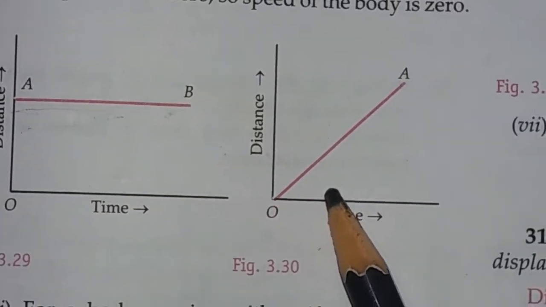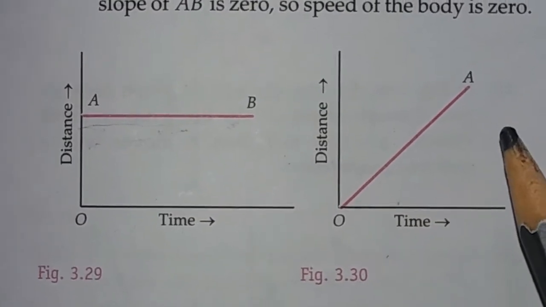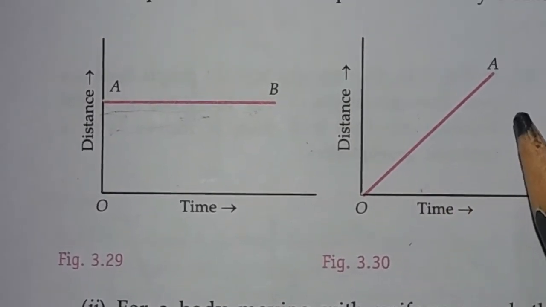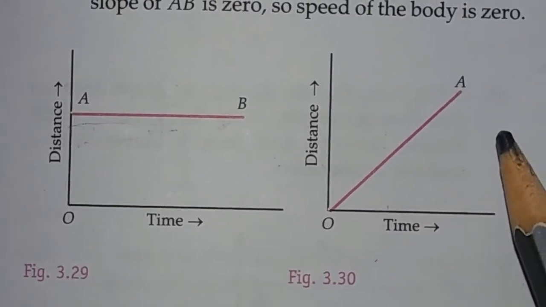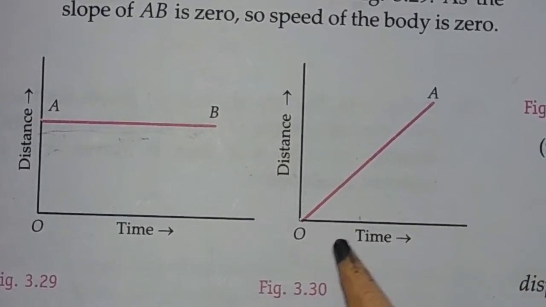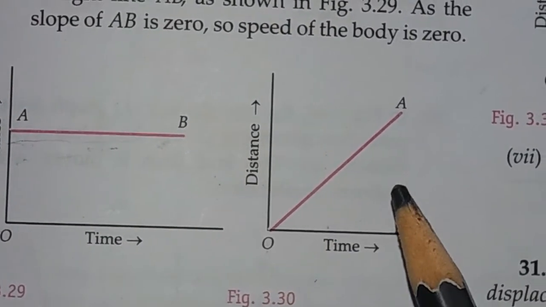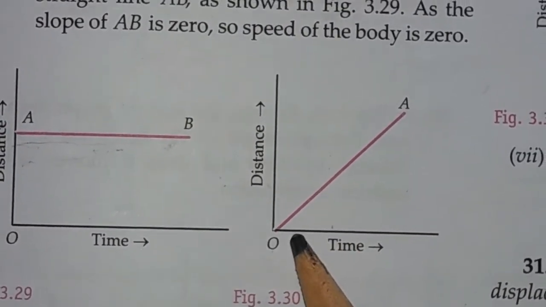This is a distance time graph for a body moving with a constant speed. The graph starts from the origin, therefore distance traveled at t equal to 0 is also 0.